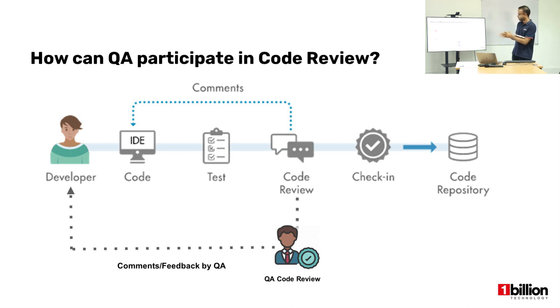So the QA resource can also do a code review on that code. In that case, we need to pair up with experienced employees, like I said, tech leads or architects, and ask how this code works in order to give feedback or comments.